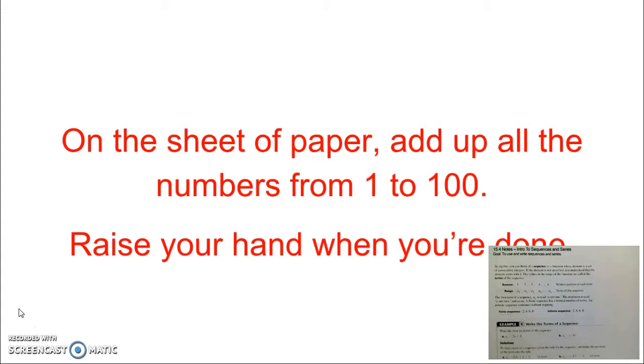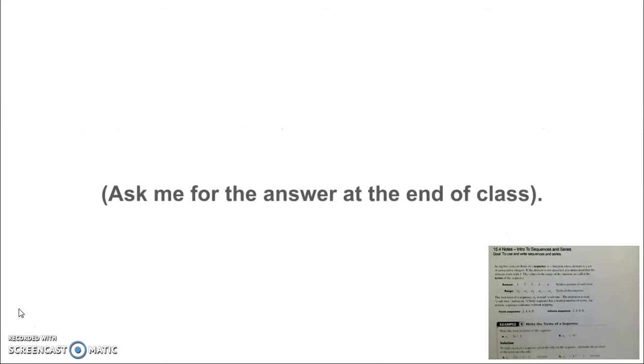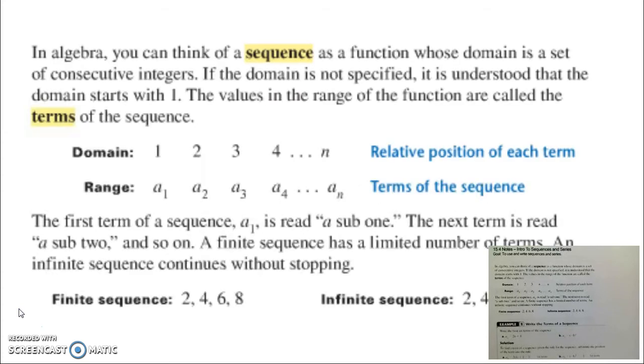And so on, until you can come up with a value. And start the video back up when you're done. We'll come back and check in on that little exercise maybe a little bit later on.